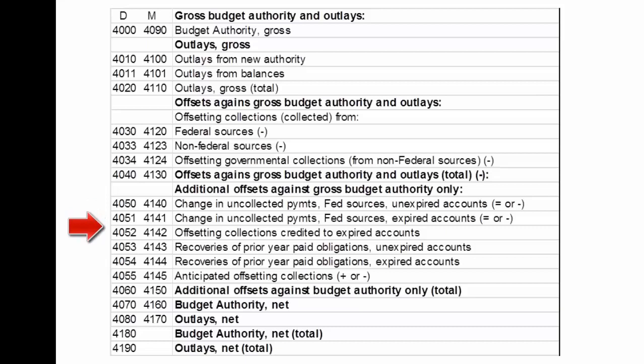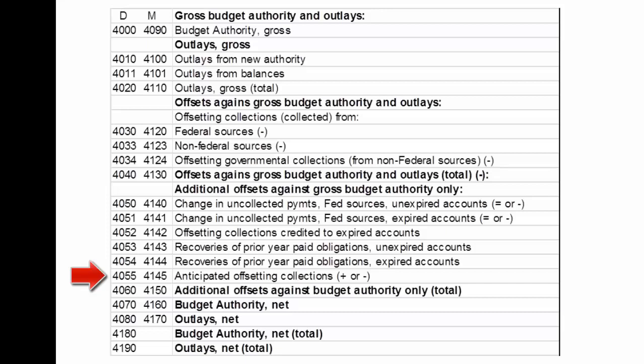Offsetting collections credited to expired accounts on line 4052 and 4142 also affect budget authority, but not outlays. Recoveries on lines 4053, 4143, 4054, and 4144 affect budget authority, but not outlays. Lines 4055 and 4145 reflect any anticipated offsetting collections, also affecting only budget authority.